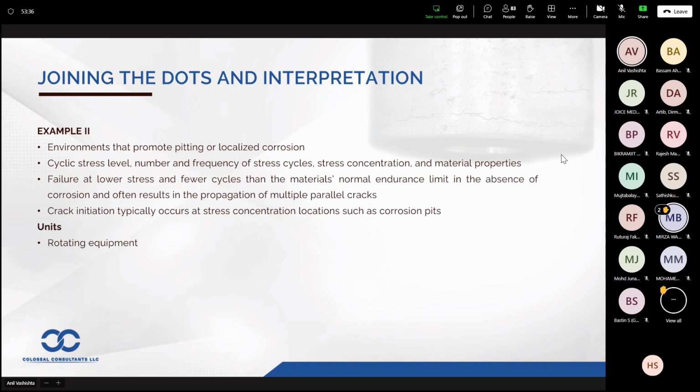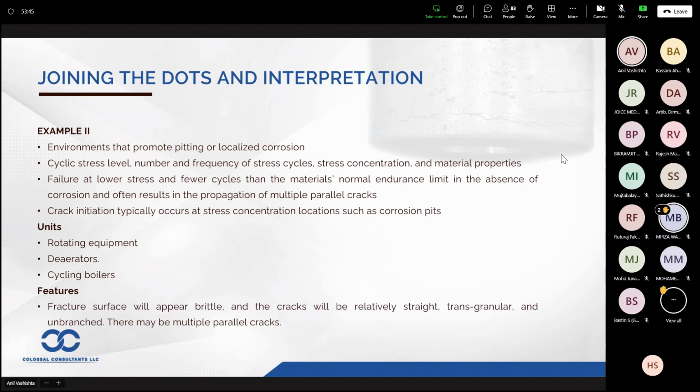And the typical units from where you have seen these failures are rotating equipment, deaerators, or cyclic boilers. And the features you are seeing are that the fracture is brittle and the cracks are straight, transgranular and unbranched, and you can see multiple parallel cracks.